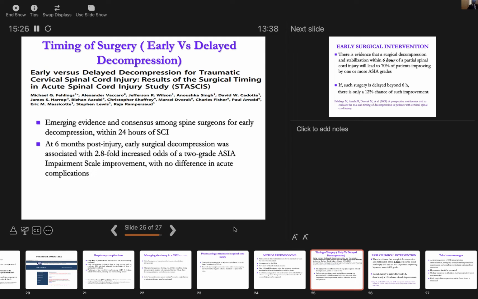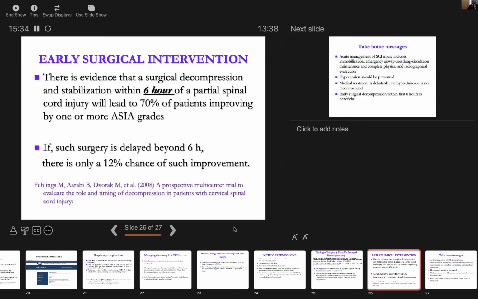So if you can decompress the patient in the first 24 hours, it is worthwhile. But some others say that if surgery is delayed beyond 6 hours, your success rate is diminished.